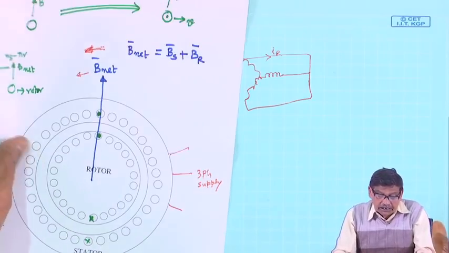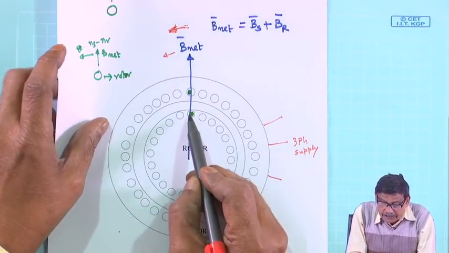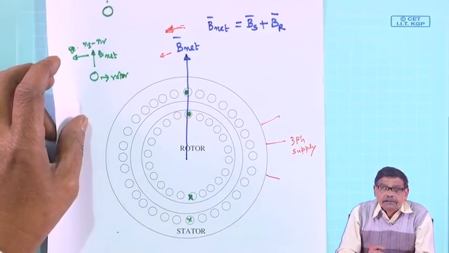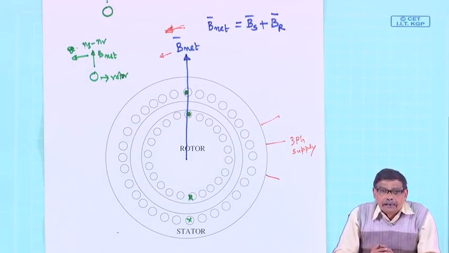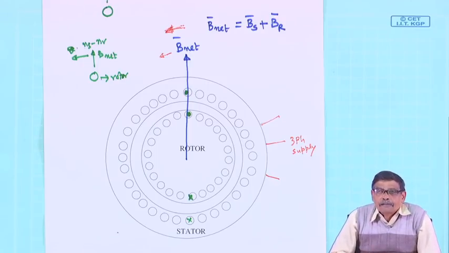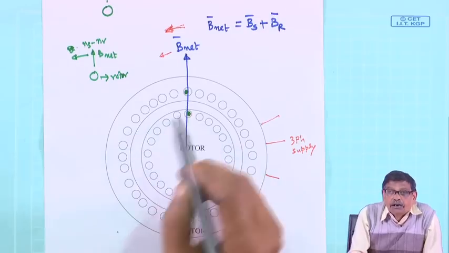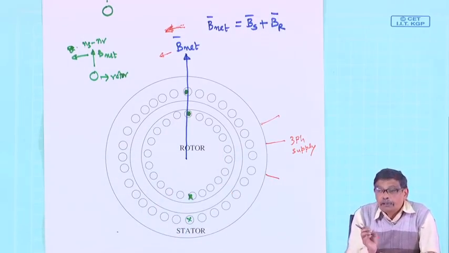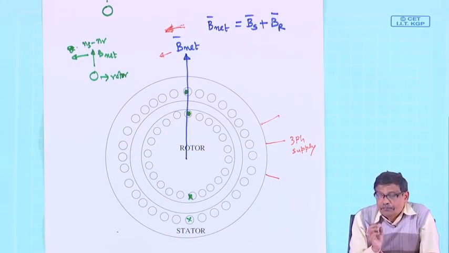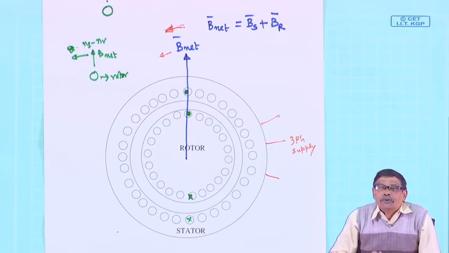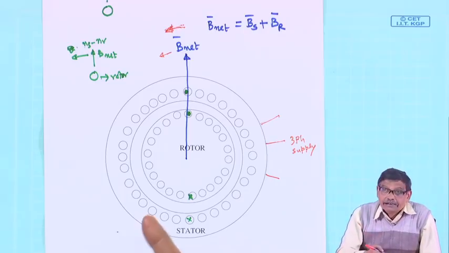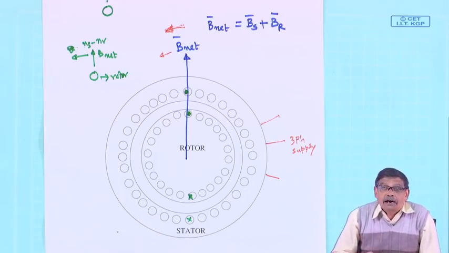Therefore, although the induced EMF is maximum for this conductor, the current in this conductor is not maximum. The maximum value of the current will occur after some time, depending upon the power factor angle of the rotor R and X, and it is the current which decides BR, not the polarity of the induced voltage.